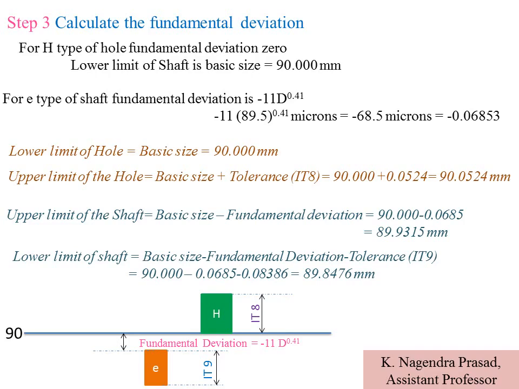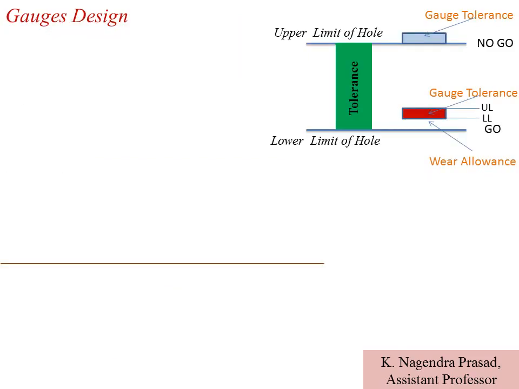Then we have to see how to design the go gauge and no go gauge for the hole as well as the shaft. Next we will see the gauge design. This is the schematic representation of the gauges designed for the hole.